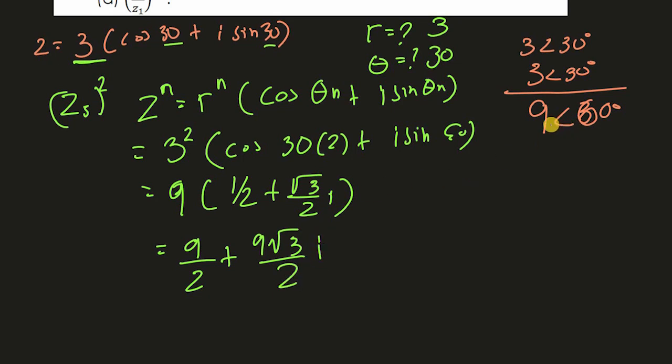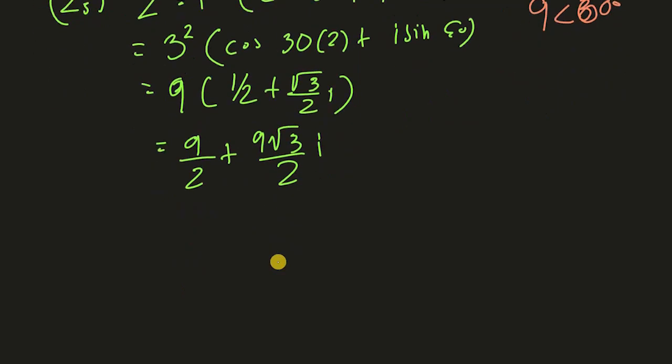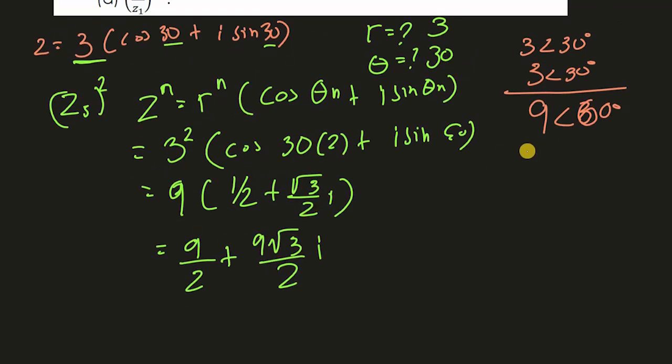So ito, nasa rectangular siya. Ito, nasa polar, ito nasa rectangular. So let's convert this to polar to prove na tama yung sagot natin. So converting this into polar form, that would be finding for the r.